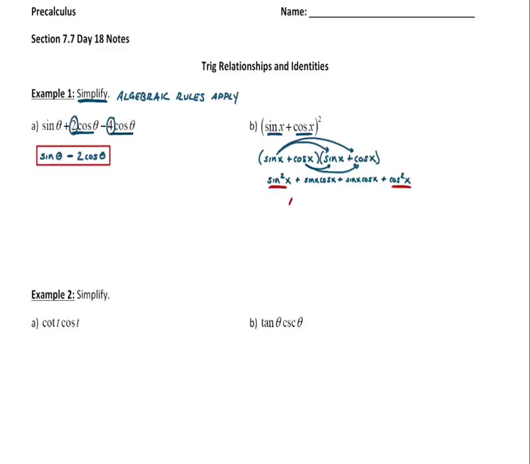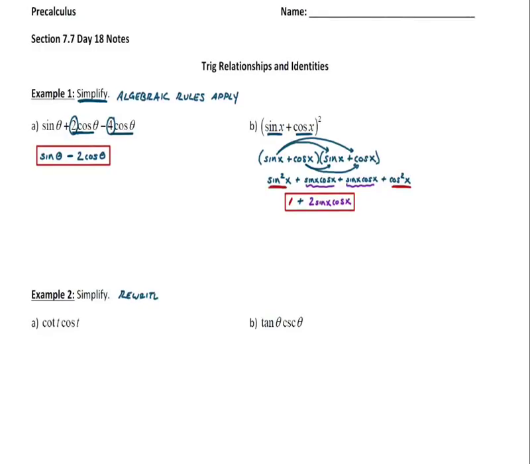And then the middle terms, sine of x, cosine of x plus sine of x, cosine of x, those are like terms. So if I add them together, I get 2 sine of x, cosine of x. So that binomial squared gives me 4 terms, and then the sine squared plus cosine squared becomes 1, that's one of our identities, and then the middle terms add to 2 sine of x, cosine of x.